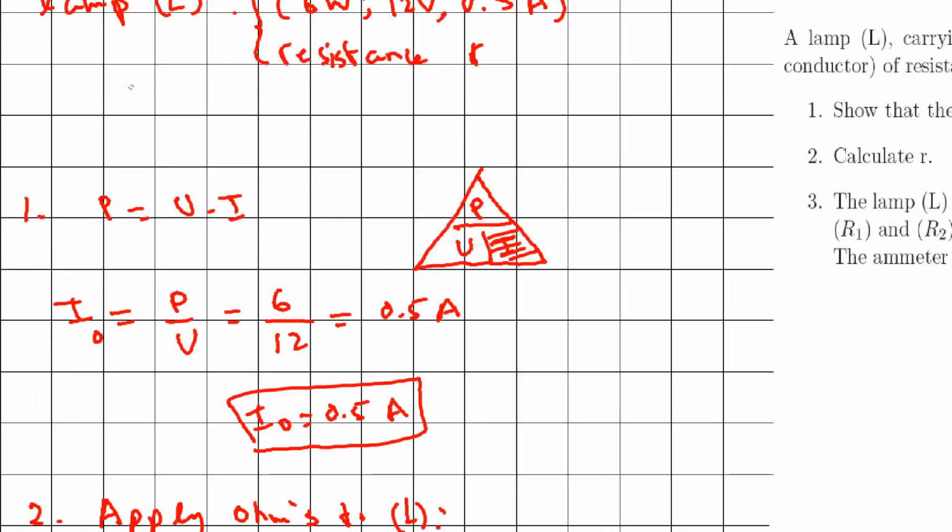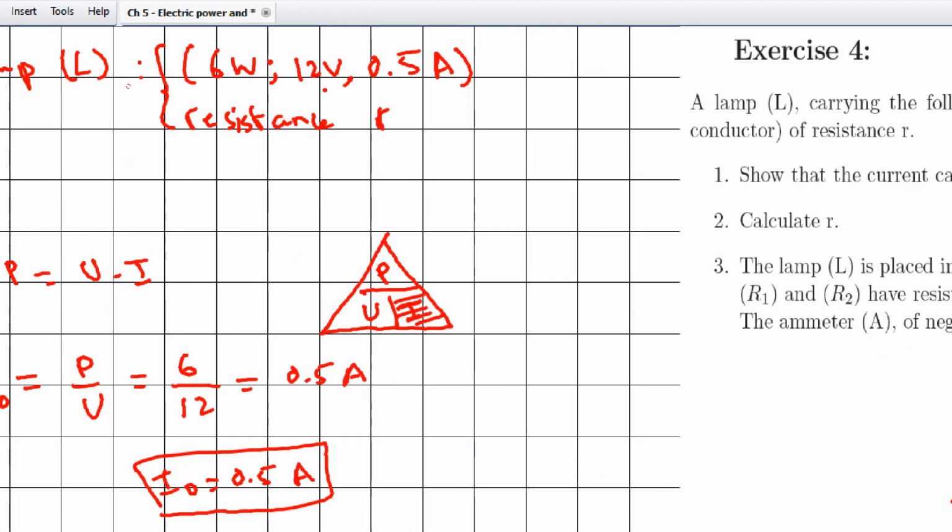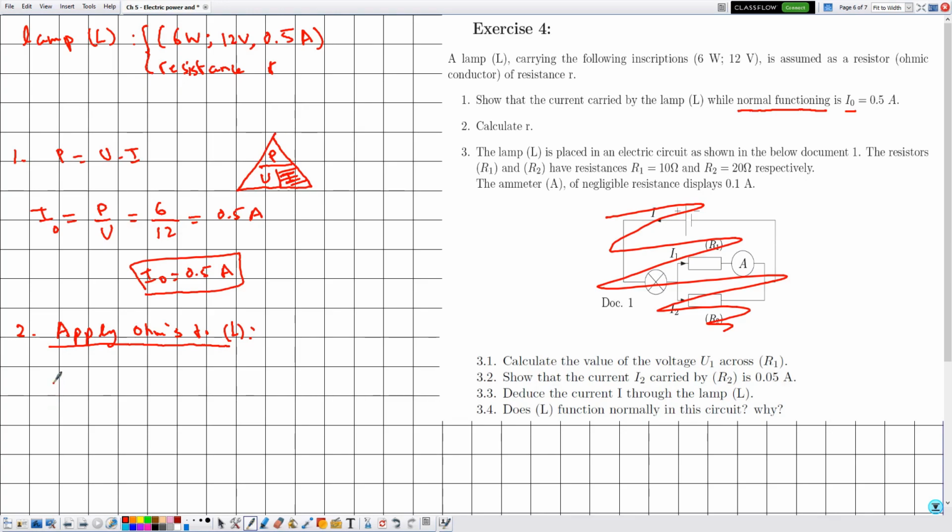For example, we cannot use these quantities, say for example 12 volt in law of addition of voltages, unless they mention it's functioning normally. Then U is equal to R times I, which is Ohm's law. Constructing the triangle of this formula, U at the top, R and I at the bottom. We are interested in calculating the value of R. R is U divided by I0, the electric current is denoted by I0 in this case.